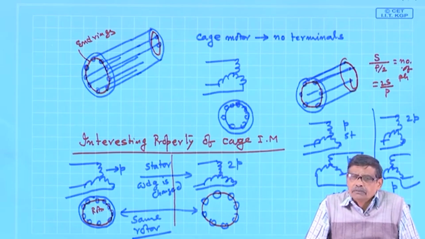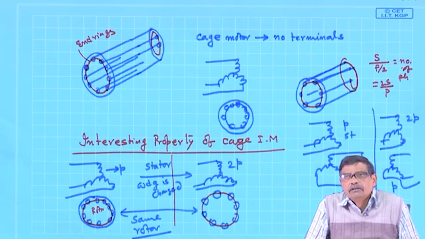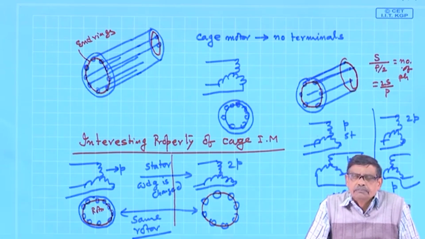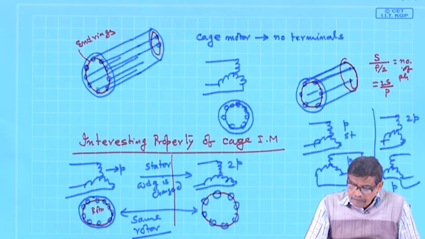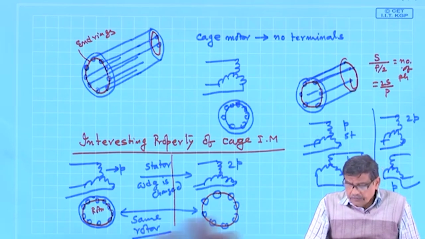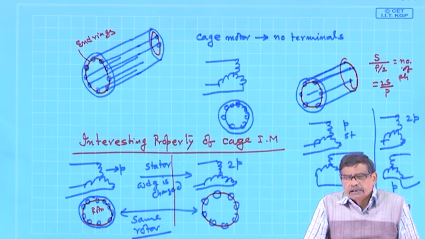From no load it will be close to 1500, then full load may be 1430 rpm. Therefore, the change in speed is only 70 rpm. As a percentage, very little change, maybe 2 to 5% of the synchronous speed. So, in general it is considered to be a constant speed induction motor.